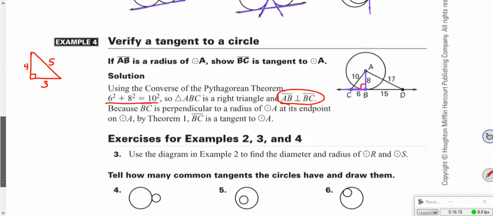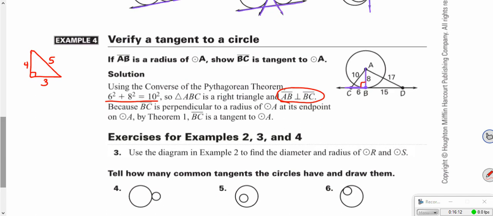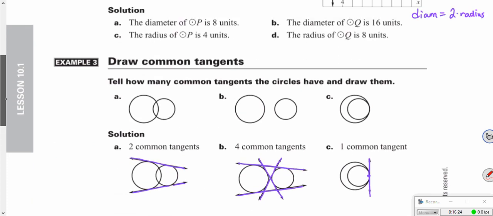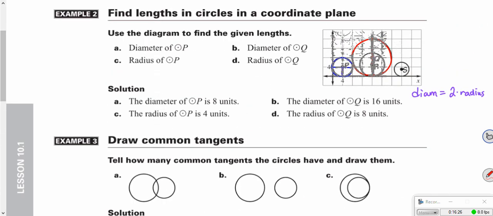Now, let's go down here and look at number 3. So we need to use that diagram. It says in example 2 to find the diameter and radius of circle R and circle S. Now, back up here, circle R, it looks to me, so let's look at circle R here.